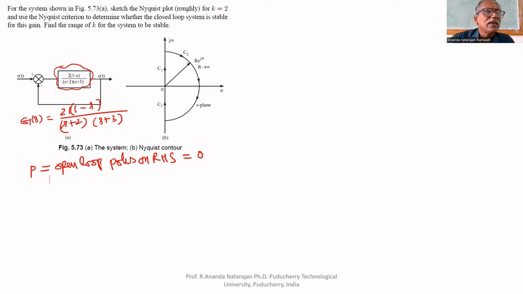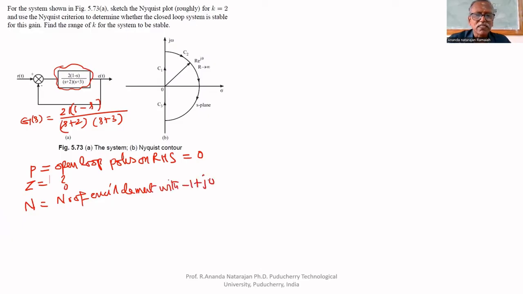No open loop poles on the right hand side. But we do not know Z. Are there any closed loop poles on the right hand side? That we have to find. N is the number of encirclements of -1 plus j0.